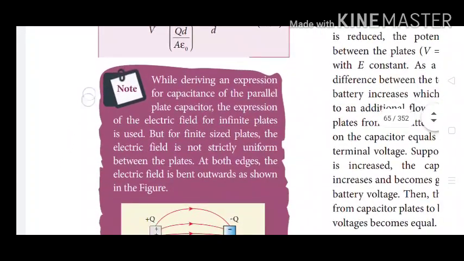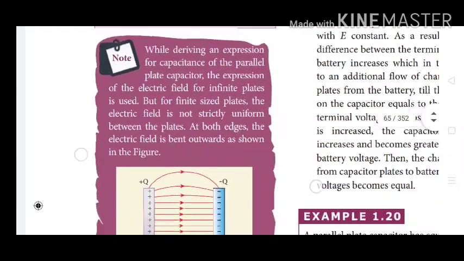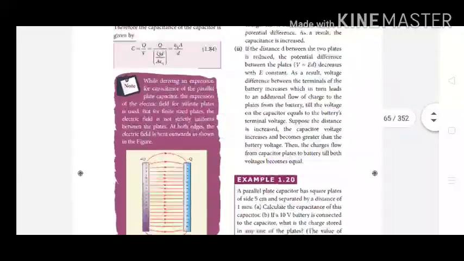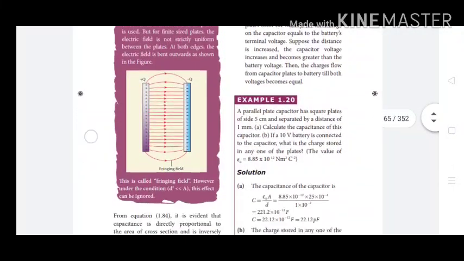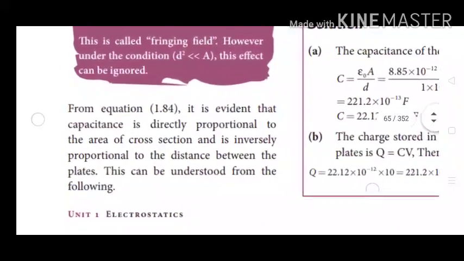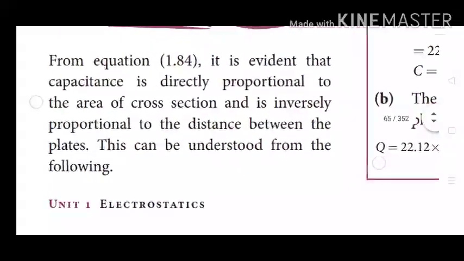And also, children, if you want more clarification about the parallel plate capacitor, we should thoroughly read the note, and we come to the mechanism of the parallel plate capacitor. From equation 1.84, it is evident that the capacitance is directly proportional to the area of cross section and inversely proportional to the distance between the plates.